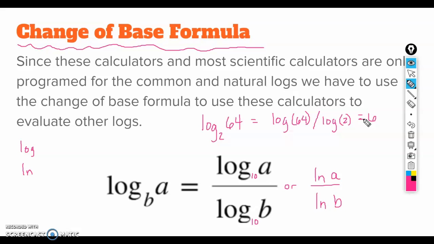So a lot of times I'm using my phone. So I do find that the change of base formula is critical to know, just so that you can do any log no matter where you are. Any calculator is going to have log base 10 and natural log on it. So I can still do all those other logs even if my calculator just has those two logs on it.